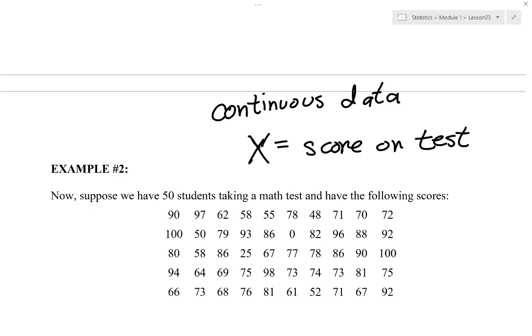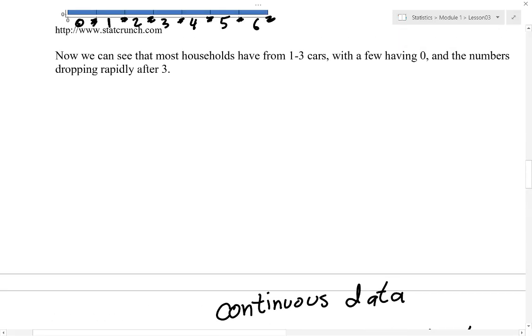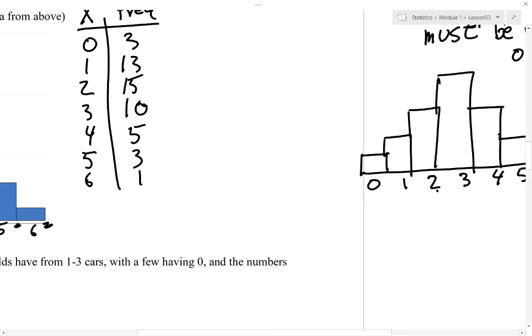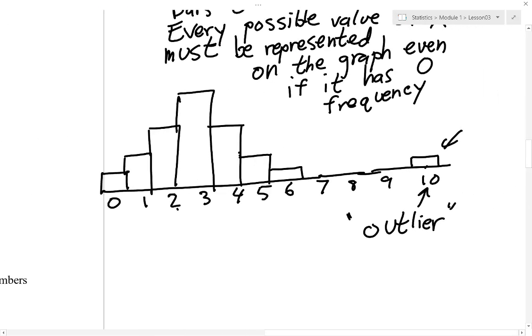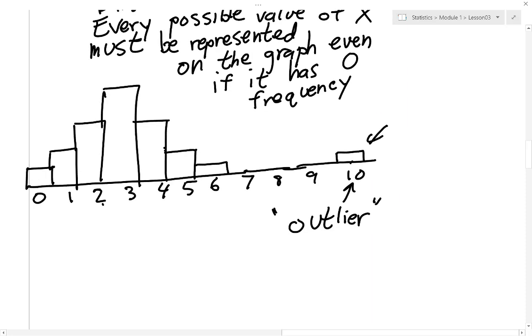And I want to go back to the last example for a moment, and the example of 10 cars. Now, suppose that you have a car collector in this data set that has 55 cars.